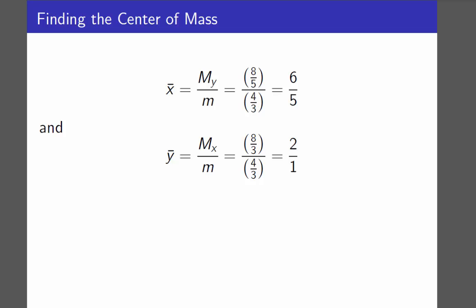And similarly, y bar is equal to the moment with respect to x divided by the mass. So 8/3 divided by 4/3, or equivalently 2. And this concludes finding the mass and the center of mass of our desired bounded region.